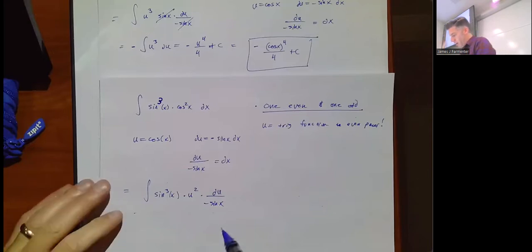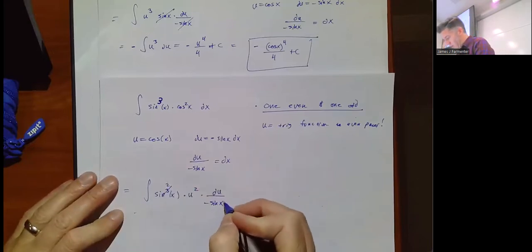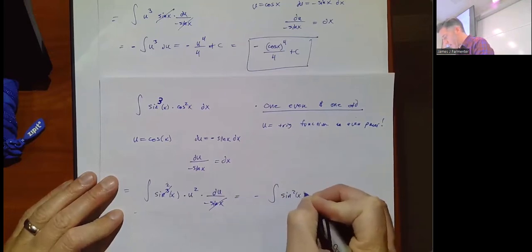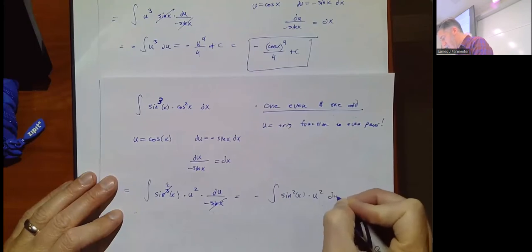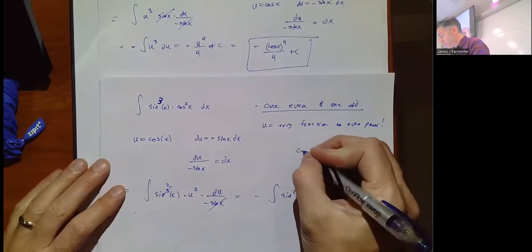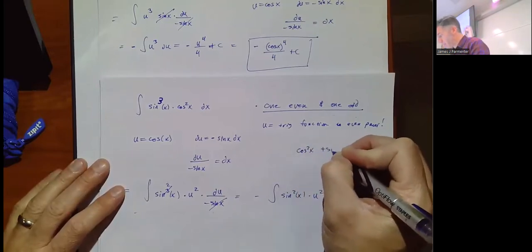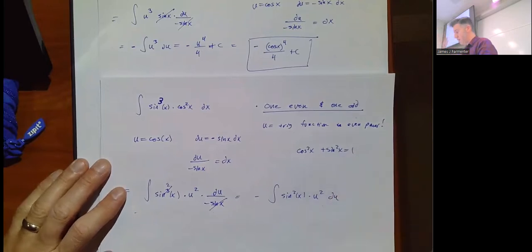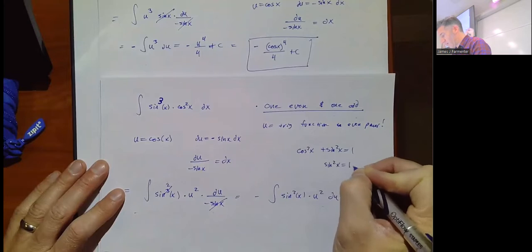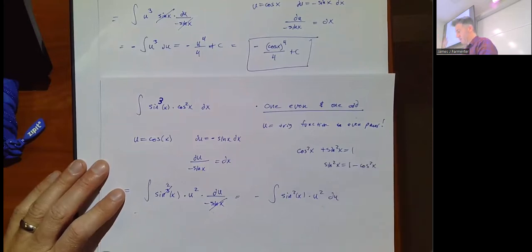Here's why. Let's see, cancel one of those, cancel that one. I've got negative integral of sine squared of x times u squared du. I know a trig identity for sine squared. So do you. Cosine squared x plus sine squared x equals 1, or in this particular case, sine squared x equals 1 minus cosine squared x.